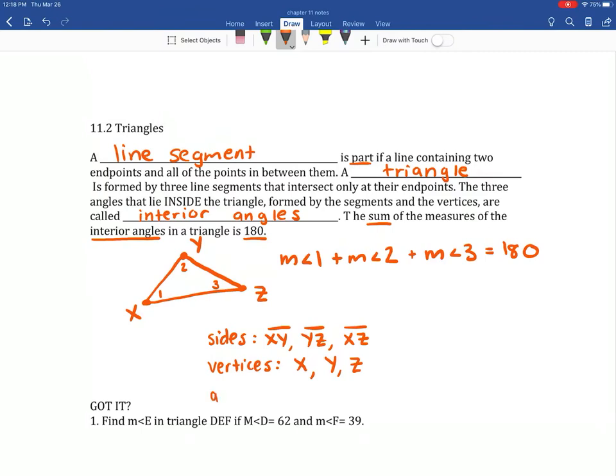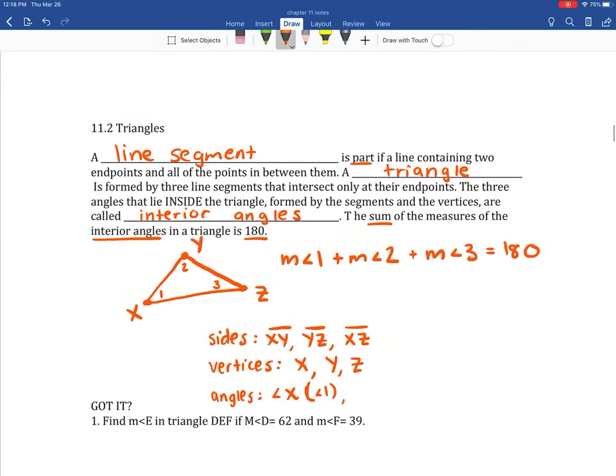And then also in the triangle I have three angles. I could call it angle X, which would be the same as angle 1. I could say I have angle Y, which I also named angle 2, and I have angle Z, which I also named angle 3.